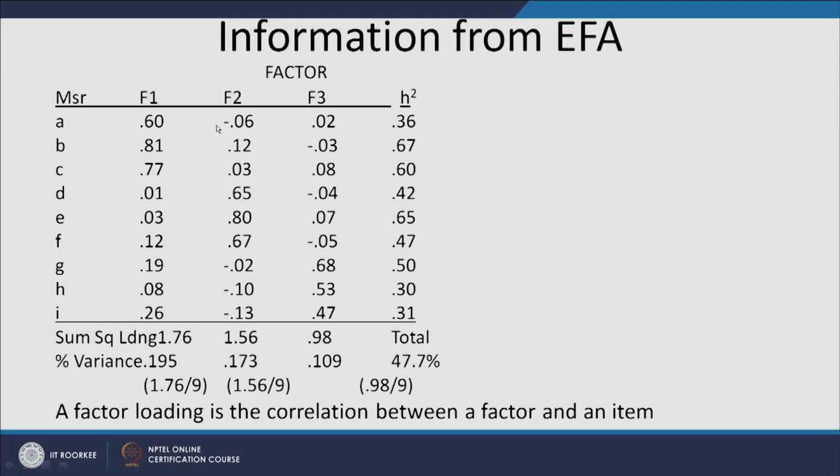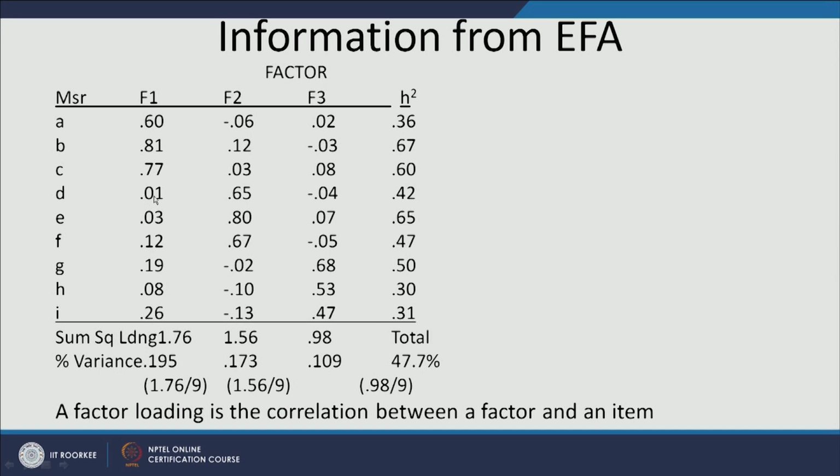So, F1, F2, F3, and A, B, C, D, E, F, G, H, I are the different variables, coming up with 3 factors. Now, you see A contributing 0.6 into the first factor, 0.06 into F2 and 0.02 into F3, right. So, that means it is a variable loaded into the first factor, B into the first factor, C first factor again.